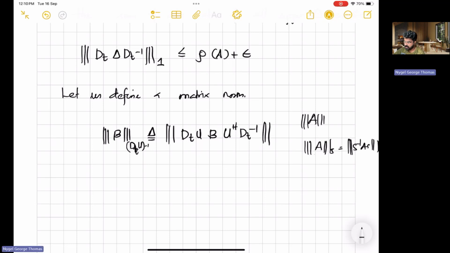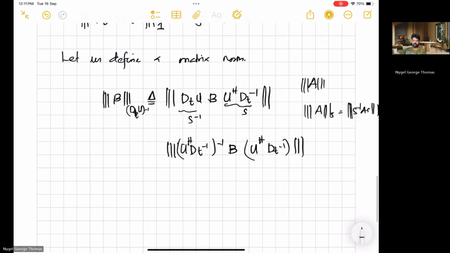Here, this is the S, and this is the S inverse. That's what I'm trying to say.